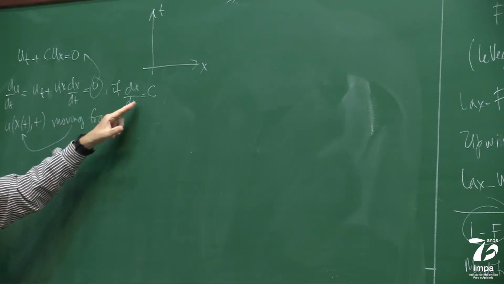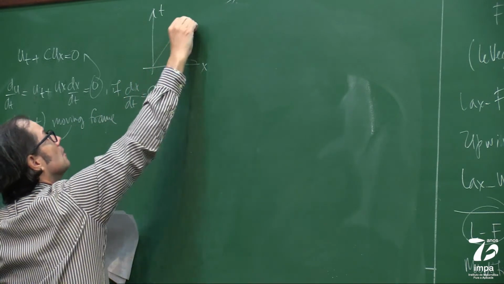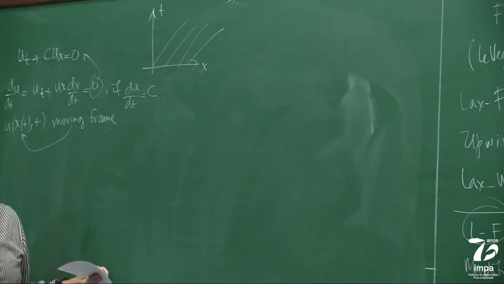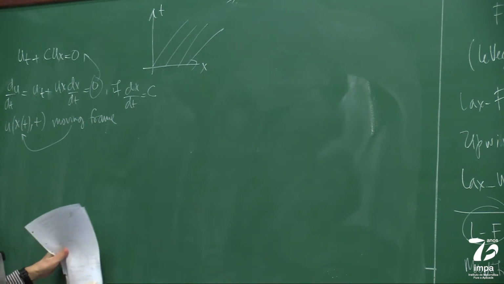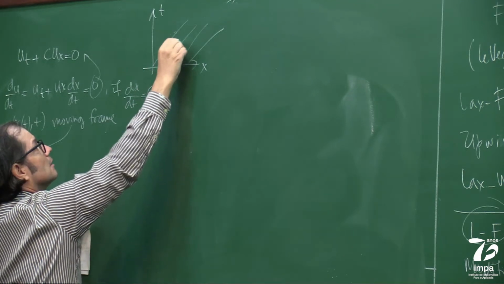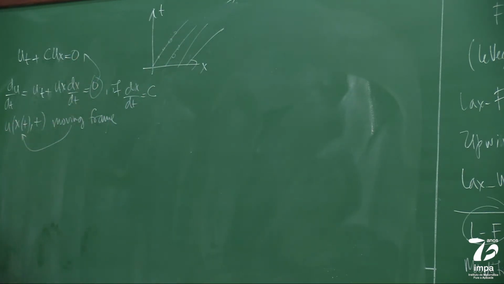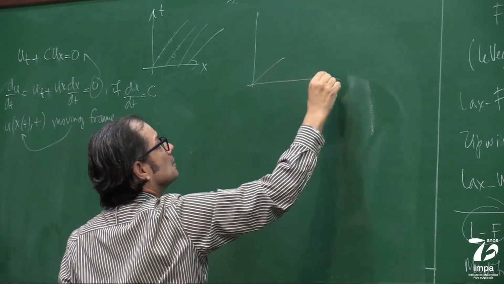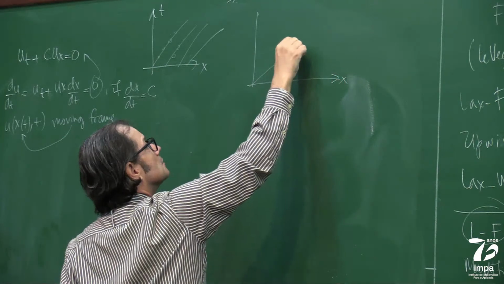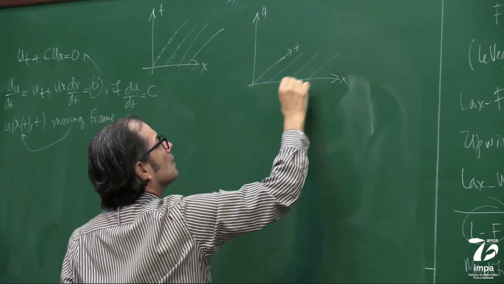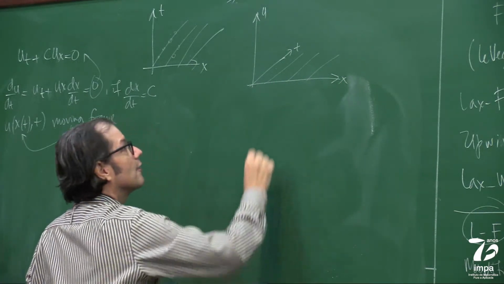This is my moving frame, and this means that along these lines the solution does not change, right? So if I do a 3D plot, x, t, u, these are called the characteristics.